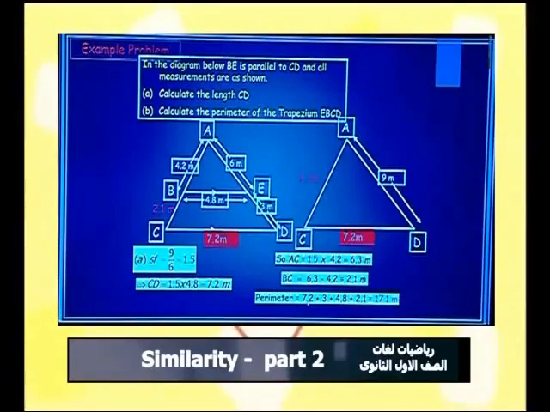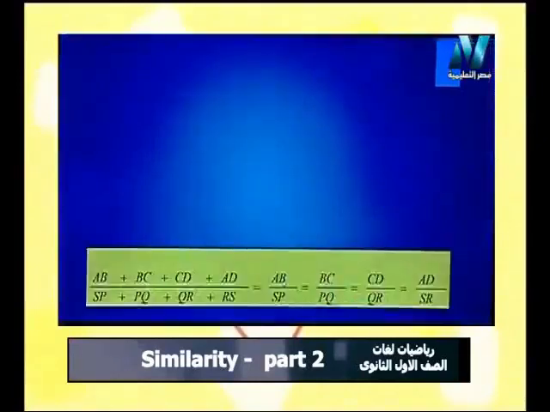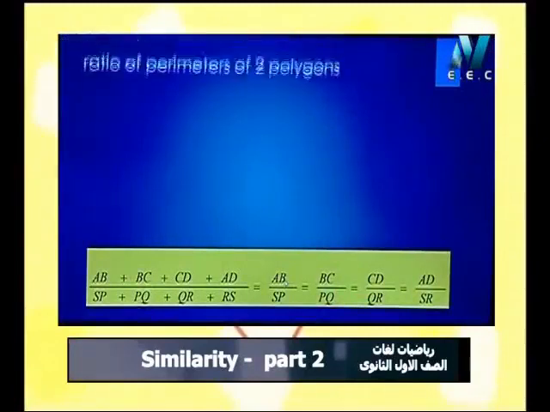So we have 7.2 plus 3 plus 4.8 plus 2.1. The sum equals 17.1 meters. Okay, BEDC is the trapezium.